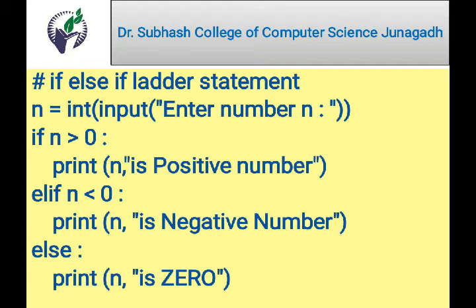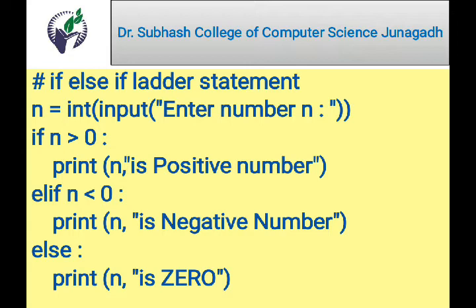But here instead of else we have another condition, else if, so it will check the next condition: -10 less than 0? Yes, this condition becomes true, so it will print -10 is negative number.